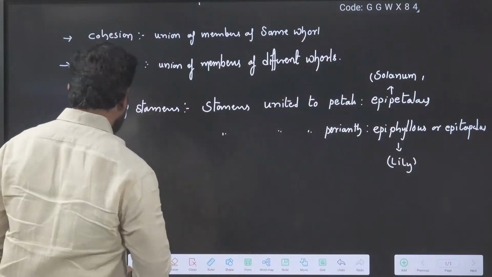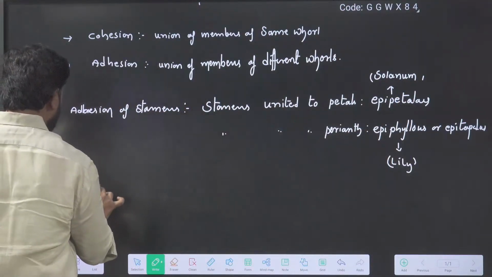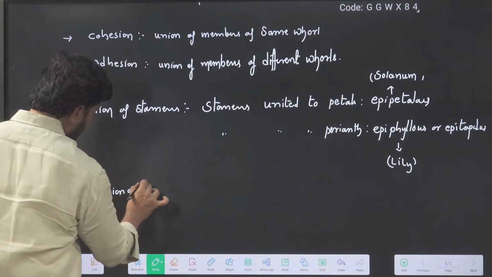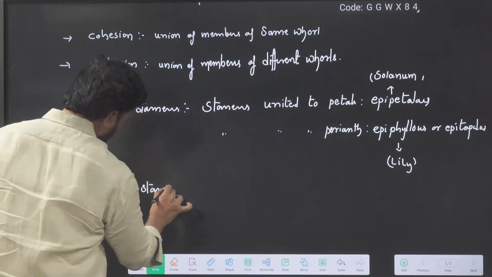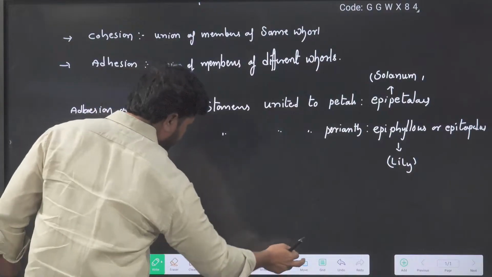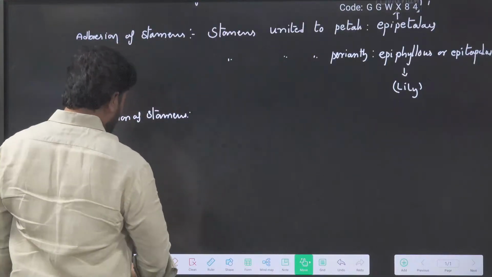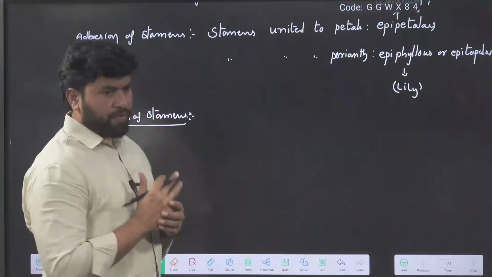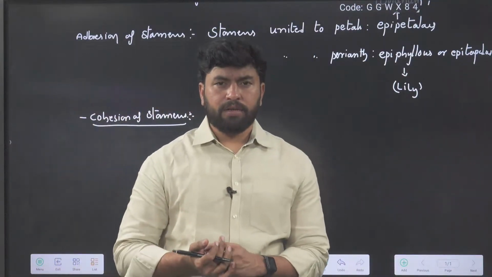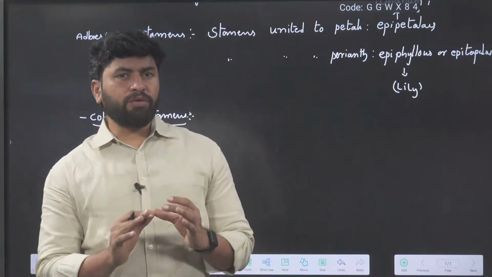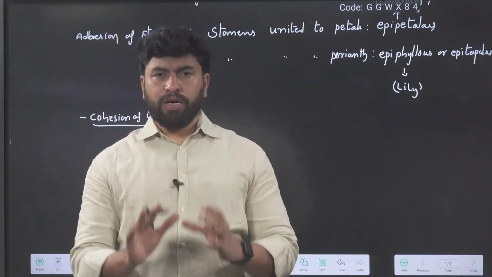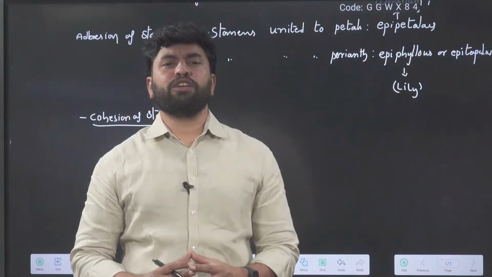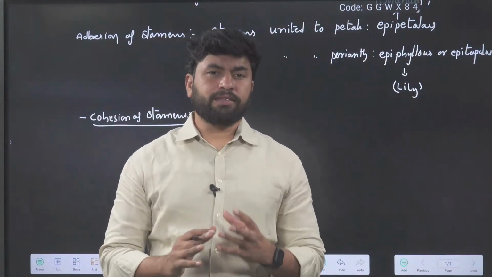Okay? Next, in addition to this, cohesion of stamens. Remember, sometimes stamens fuse among themselves. This fusion we have to call cohesion. Rarely the entire body of the stamen is fused, that is anther, filament, everything.